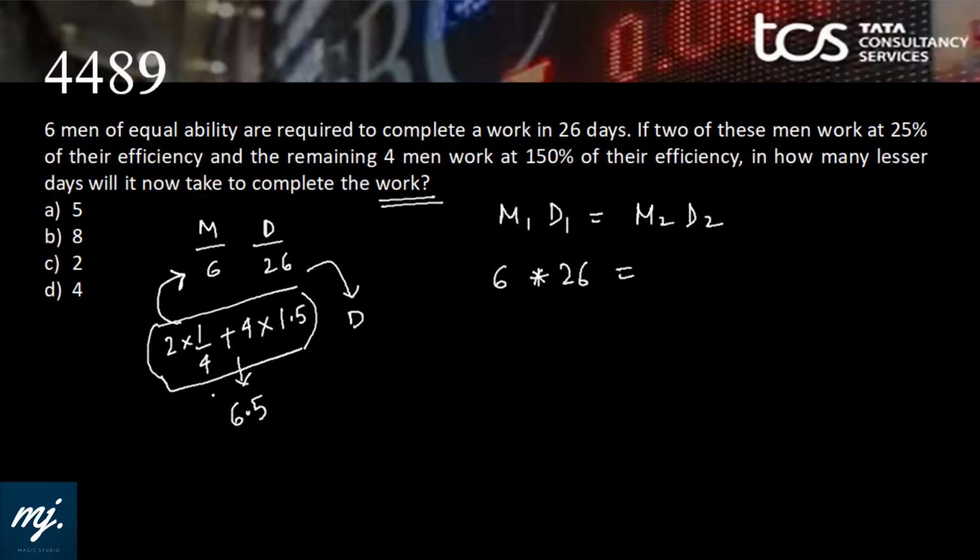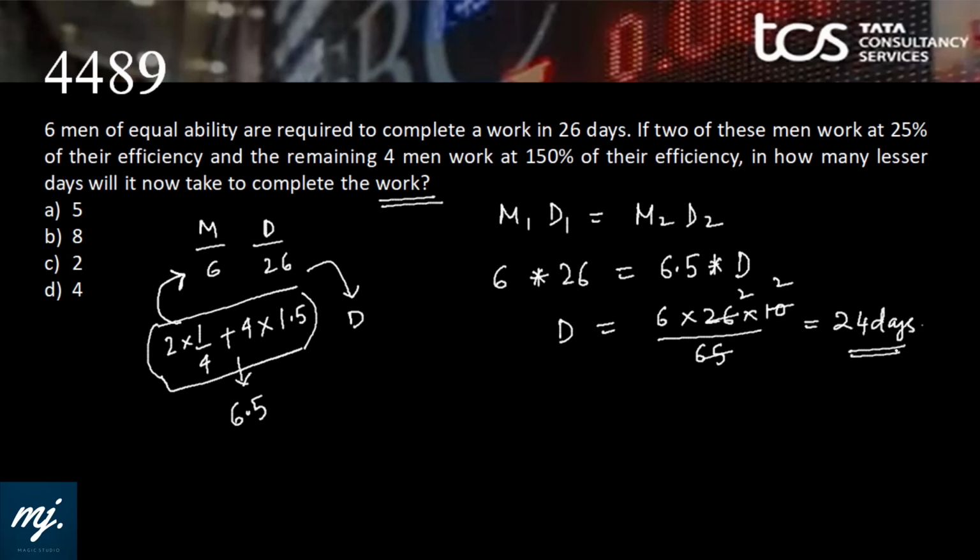So now the effective efficiency of the second group becomes 6.5. And in how many days would they complete the work? So D is 6 into 26 divided by 6.5. 4 into 6 is 24. Means this group would be completing the work in 24 days.